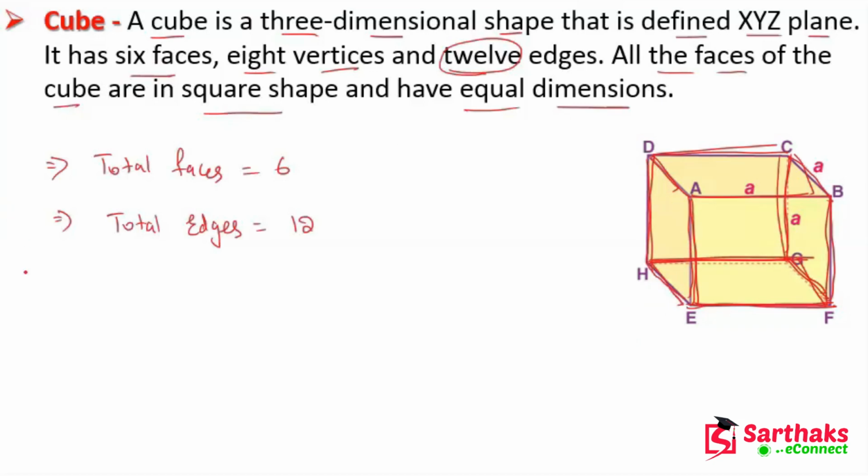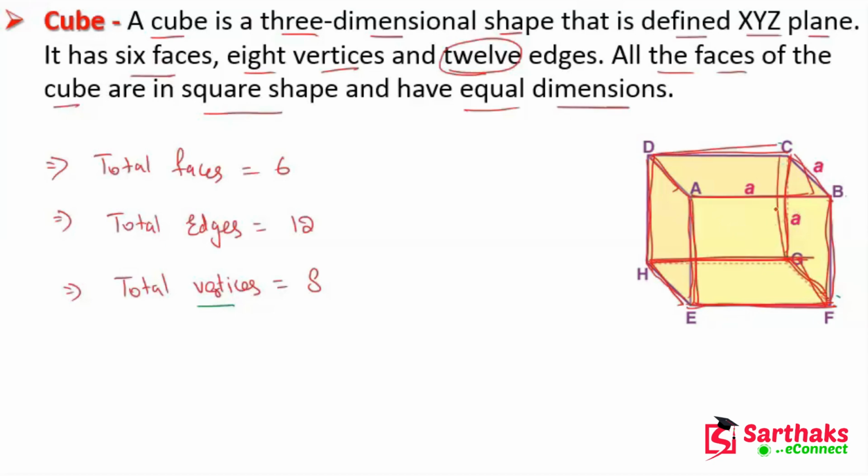Now let's talk about the vertices. There are a total of 8 vertices, meaning there are 8 corners in the cube: A, B, C, D, E, F, G, H. Got it?